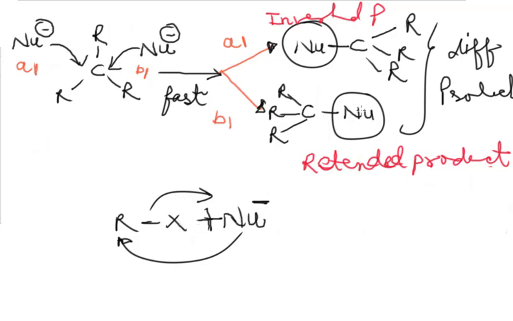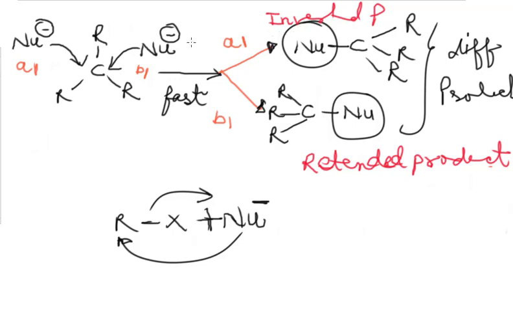Here the attack of the nucleophile takes place and here the removal of X takes place. That's why it is known as the retained product. So the nucleophile attacks from two sides. The products are similar, only the orientation or arrangement in space is different.